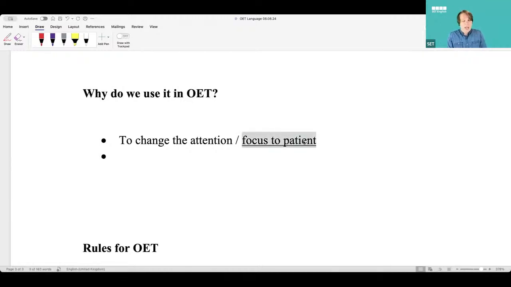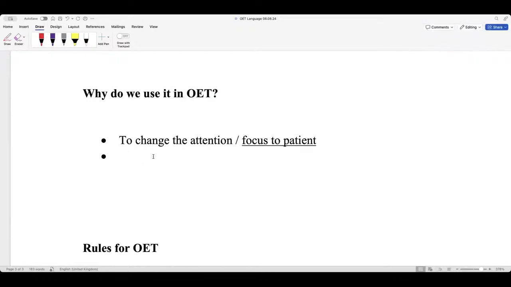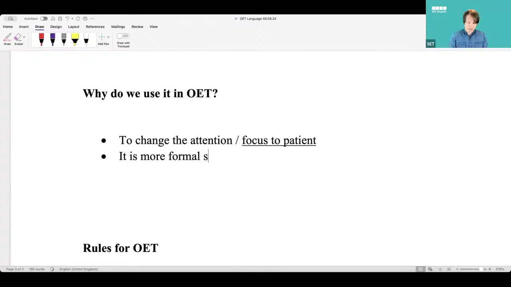Okay. There's one other reason why we use it as well. Does anyone know? You can shout out if you know. Because it's formal. It sounds more formal. Okay. Now, what does formal mean? Yagmur, can you tell us what formal means?